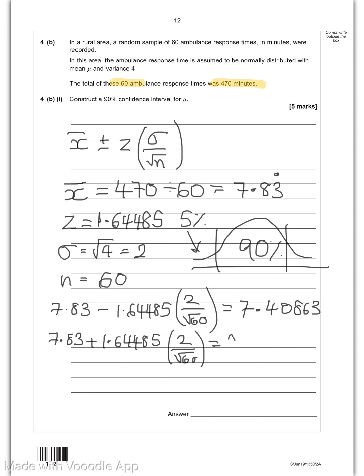And I've got 8.25803. Okay, so the mean is in between these two values.